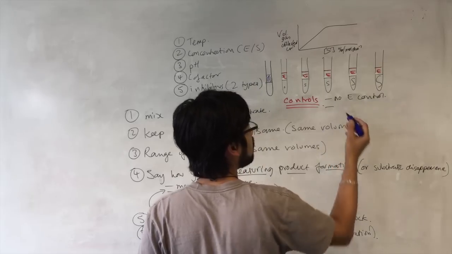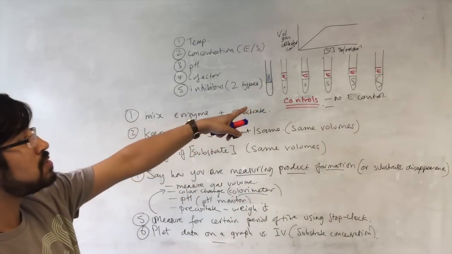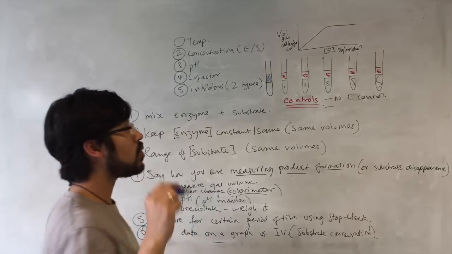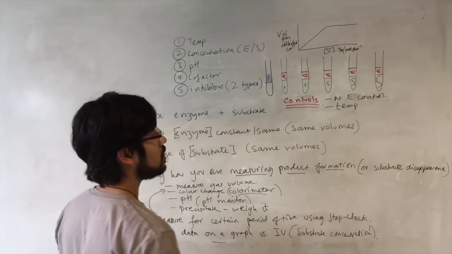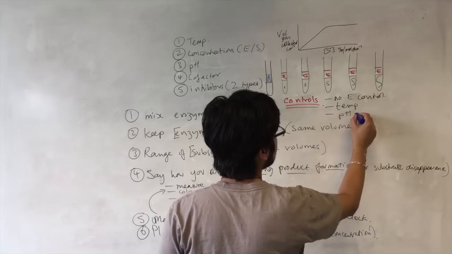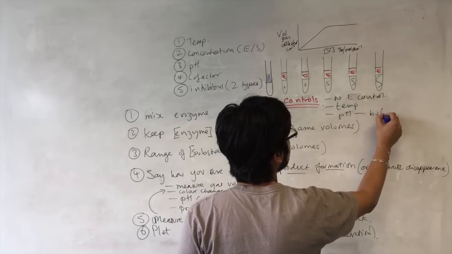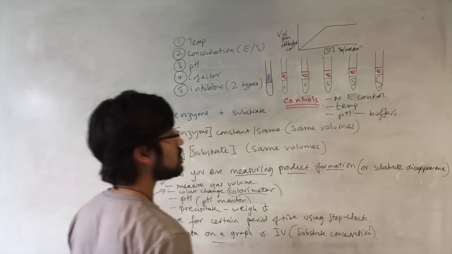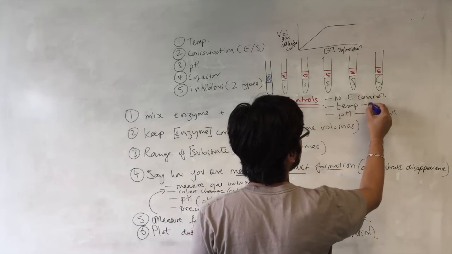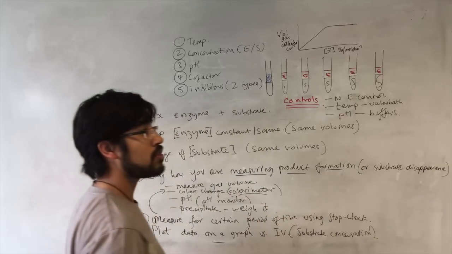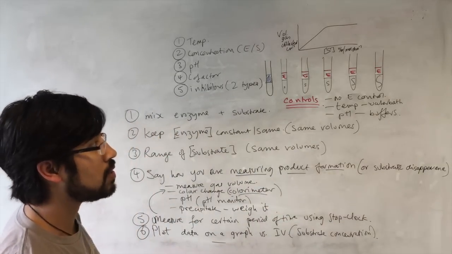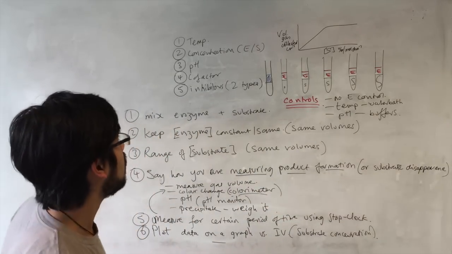Secondly, you've got to control the other variables. In this case, I'm changing the substrate concentration, so I must make sure that I'm controlling temperature. I'm controlling pH. pH can be controlled using buffers. Temperature can be controlled using thermostatically controlled water baths. Don't just say water baths.